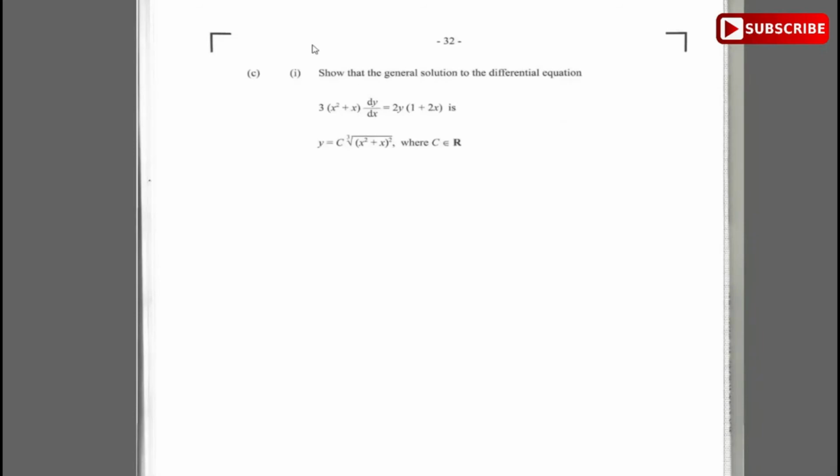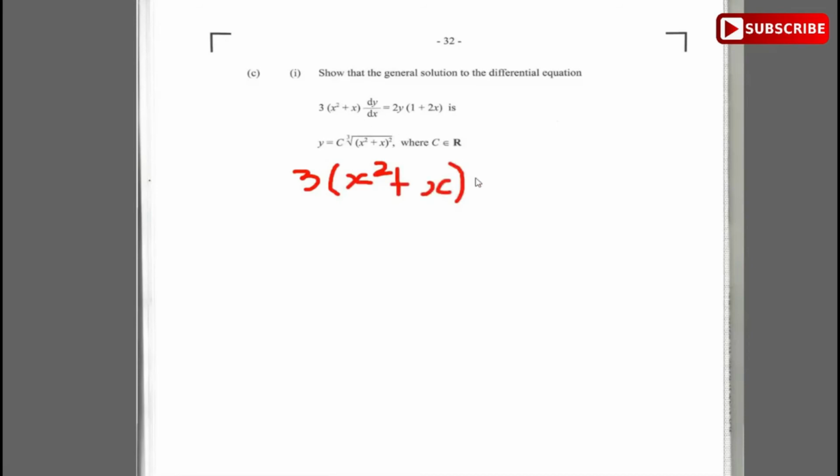This looks a little weird. So what we have is 3 times x squared plus x. I'm going to cross multiply the dx.